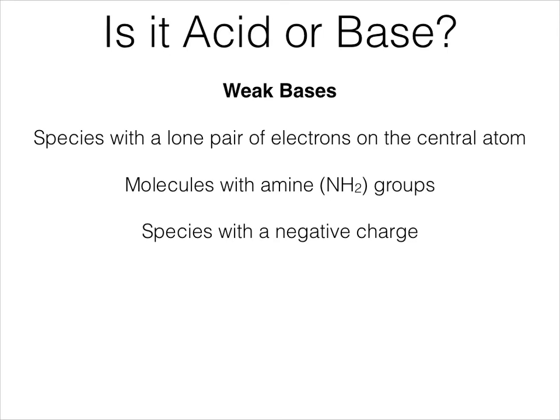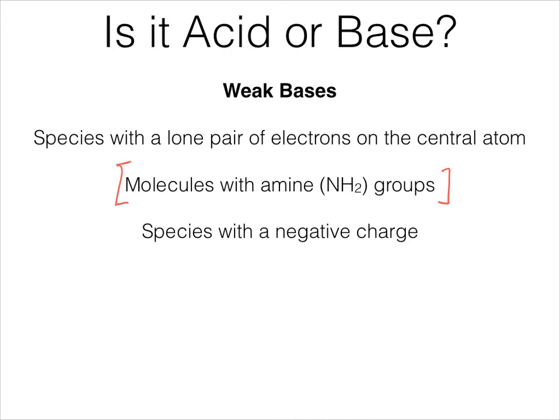Okay, so we need to think about the same sort of thing with weak bases. The main definition of weak bases that we are going to discuss today is that weak bases are species with a lone pair of electrons on the central atom. For the most part, these are molecules with amine groups, so an NH2.